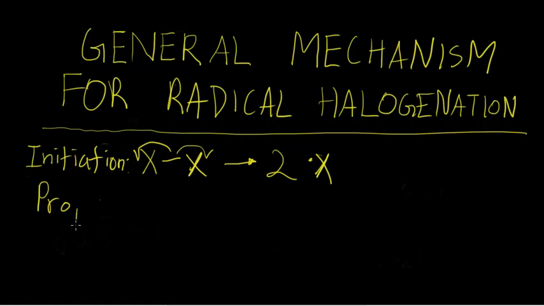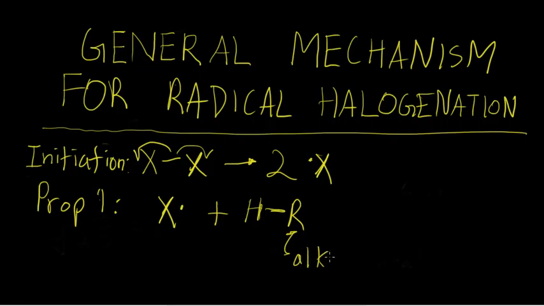Then this is propagation step one. In propagation step one, one of the halogen radicals reacts with an alkane that I'm going to just denote RH. R is a generic term for an alkyl group. This is just an alkyl group, and that's basically the alkane without the hydrogen.